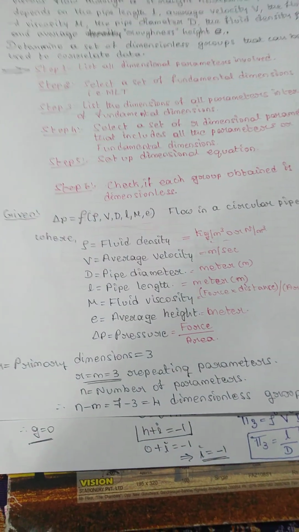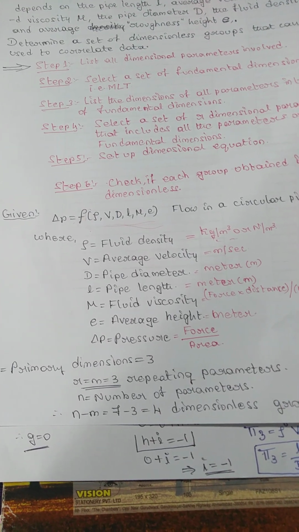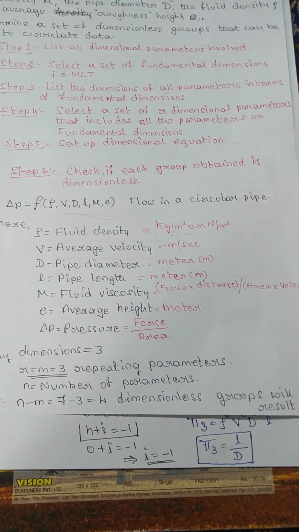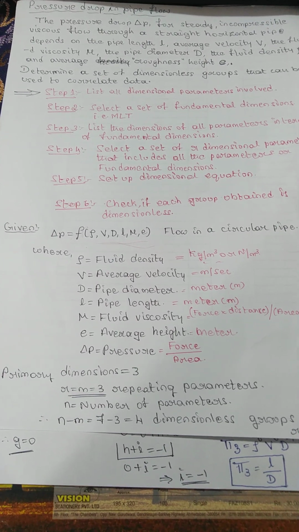Repeated parameters are the set of variables which by themselves cannot form a dimensionless group, so they are involved with some other variable as well.